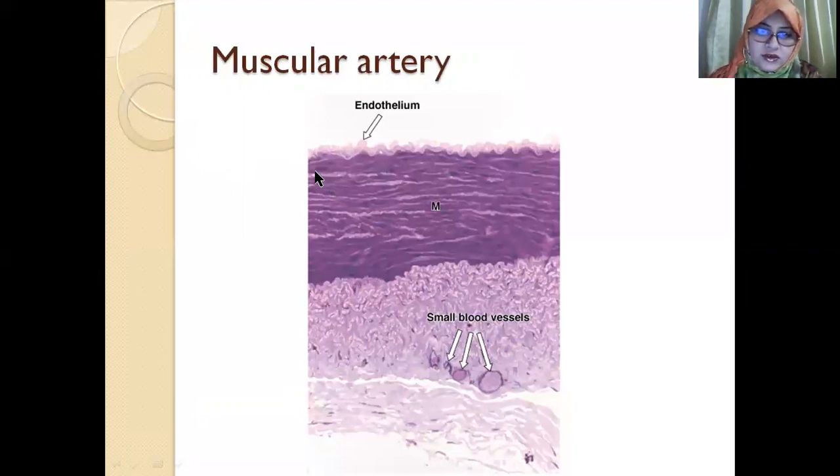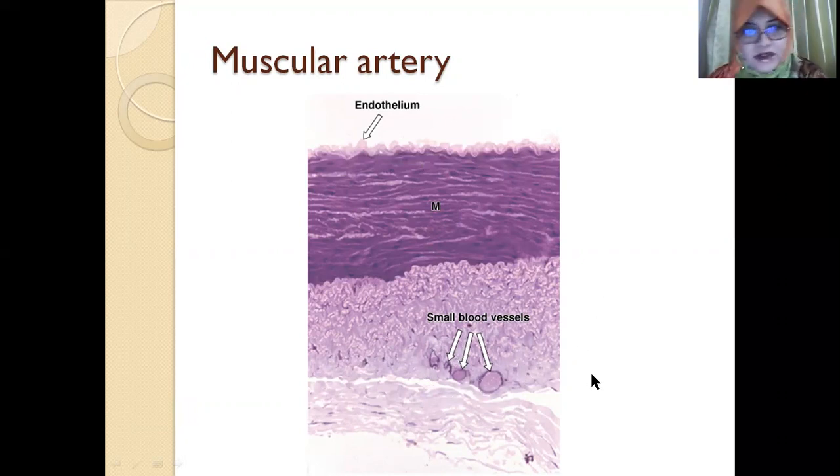This is microscopical structure of muscular artery, where we can see this is endothelium layer and this is internal elastic lamina, which is very prominent here. And this is tunica media and this is tunica adventitia, where small blood vessels are labeled.